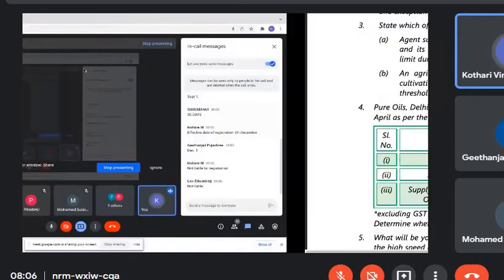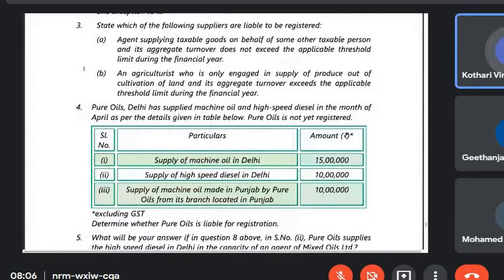Not liable? Why? Not liable because his threshold limit has not exceeded the specified limit. See, here you need to be very, very careful. We have seen that the agent is supplying taxable goods on behalf of some other taxable person.